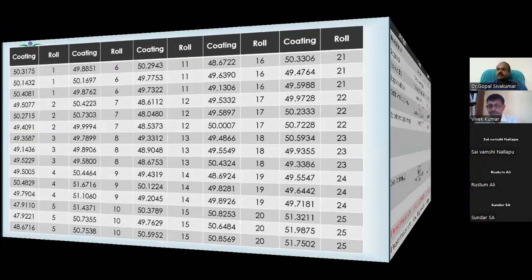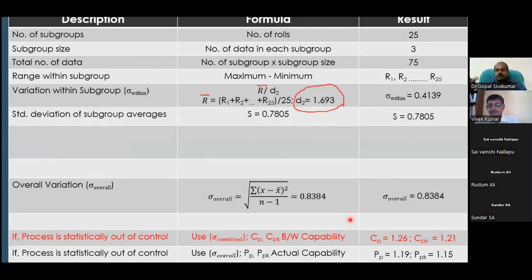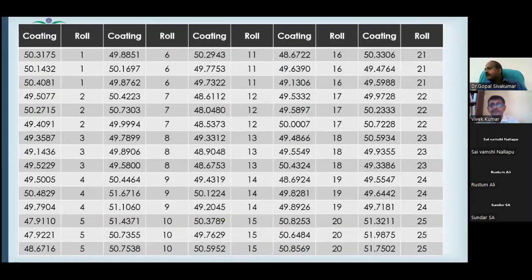And now some calculations I am going to show. I purposely removed certain rows to minimize the confusion. First row, number of subgroups is equal to 25. Oh, is it 25 or 20? Sorry, 25 is there. See here, 25 rolls.